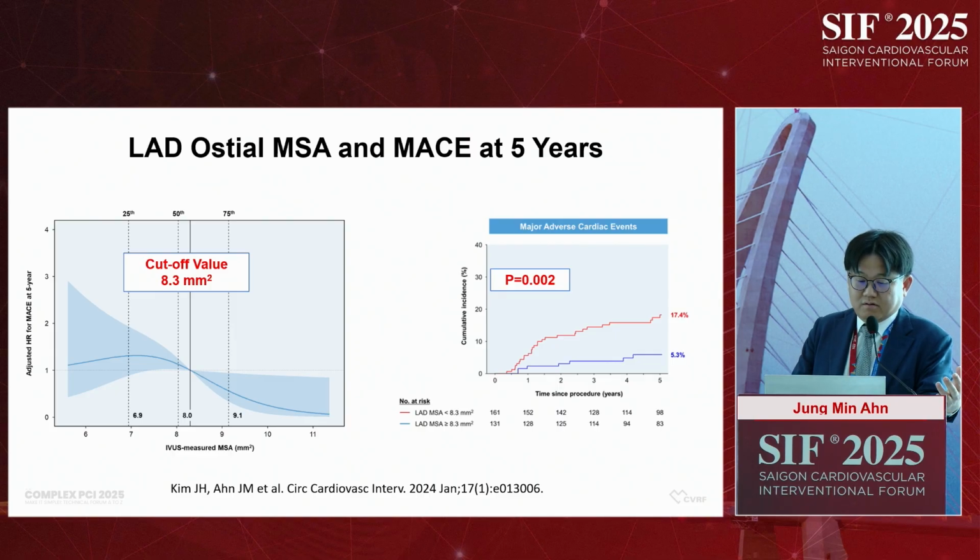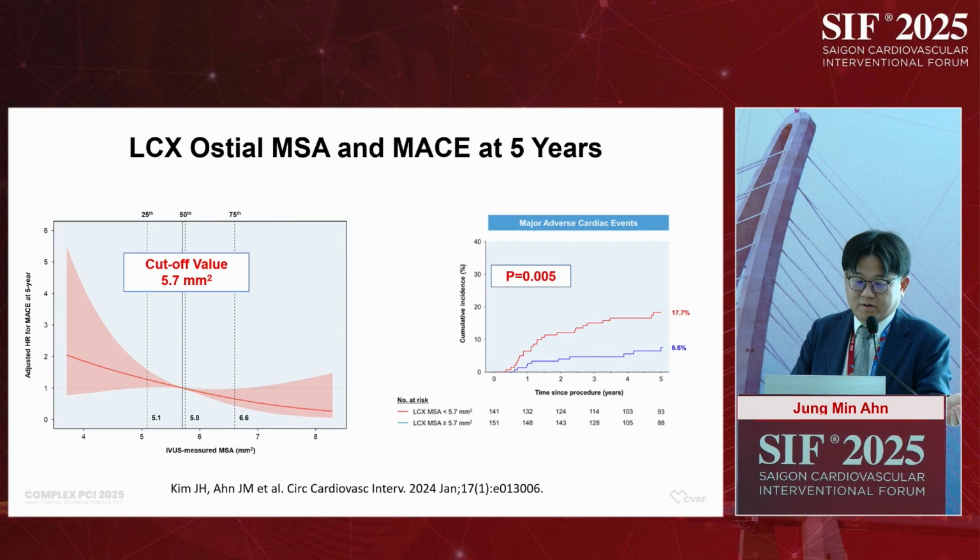If the minimal stent area of the LAD ostium was larger than 8.3, the 5-year event rate was only 5.3%, but if smaller than 8.3, 17.4%. In addition, the circumflex is very important for left main two-stent technique. Circumflex minimal stent area was very significantly associated with clinical outcomes.